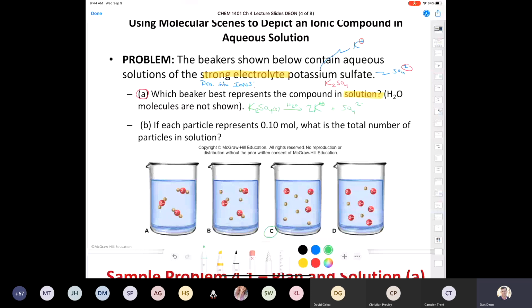Well, let's look. In beaker C, I have 1, 2, 3, 4, 5, 6 cations, and I have 1, 2, 3 anions. If I have 6 to 3, that's the same thing as 2 to 1. Okay? Give me a thumbs up if you follow me on that one. The dissociation of an ionic compound into its ions.